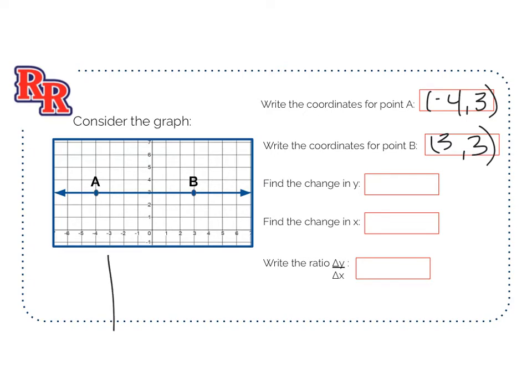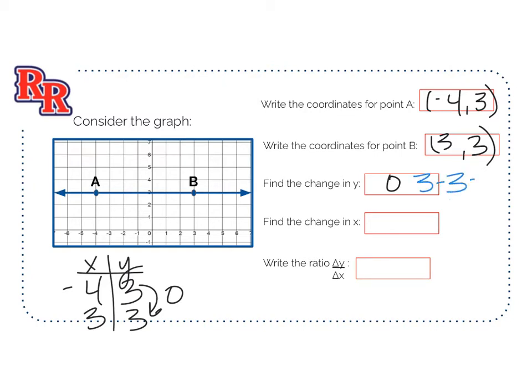I'm going to make myself a little table here, just in case this is the way you want to go about it. My change in y is 0. It stayed the same. The other way I could have done that is use the formula, find the change in y by subtracting the y's, 3 minus 3, and I get 0.